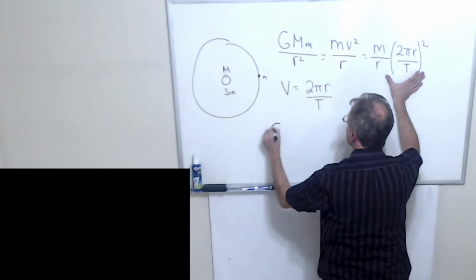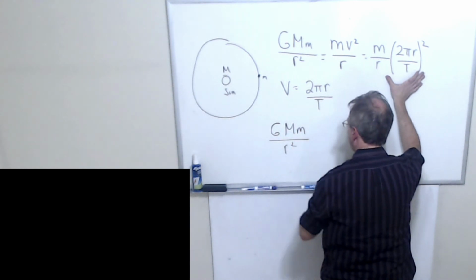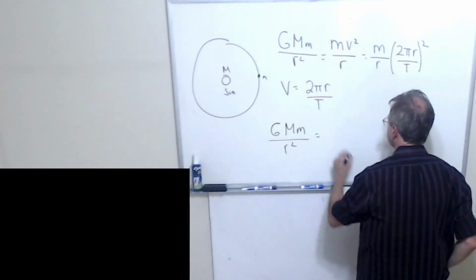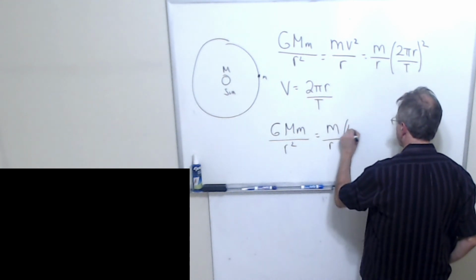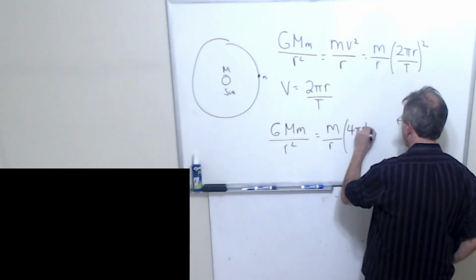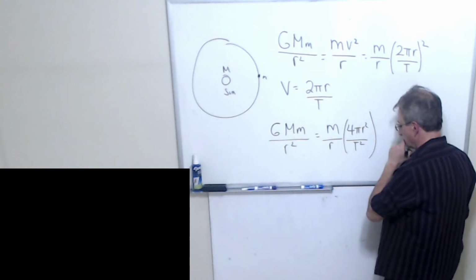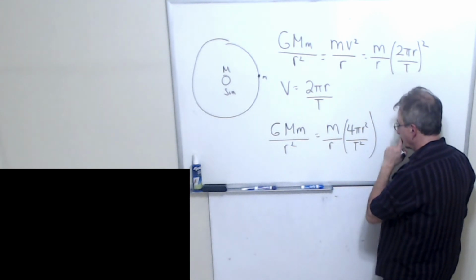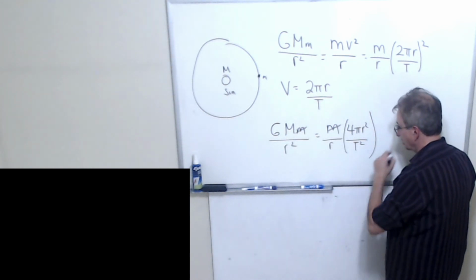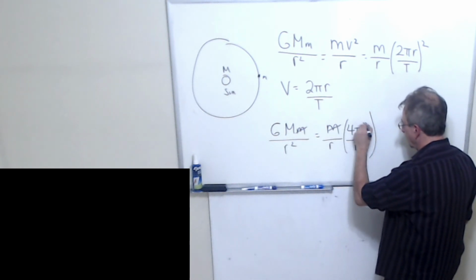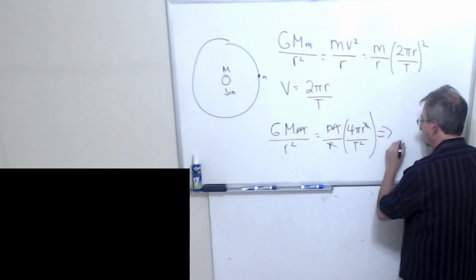Let me write it down here. Now, I can simplify this by getting rid of these m's. I can get rid of one of these r's. And what I'm left with is the following.